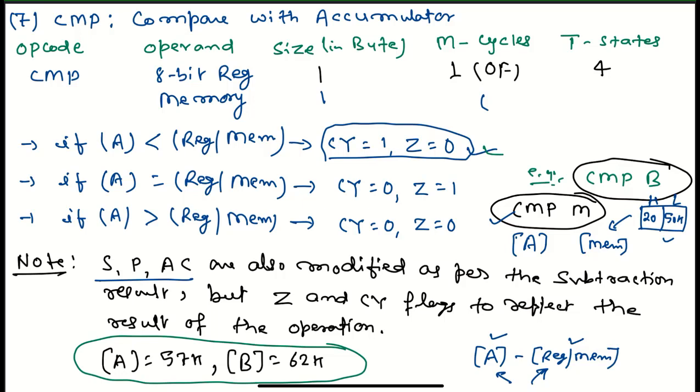Then while decoding and executing their opcode, the microprocessor knows that the second operand which is going to be compared with the accumulator content is not inside the processor, it is outside of the processor, inside the memory, and whose address is held by this HL pair. So HL pair will be used as a memory pointer, and from that location the data will be copied into the processor, and accordingly it is going to compare, and then as per the result this is going to be reflected over the flags also.